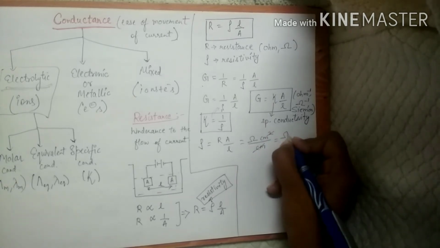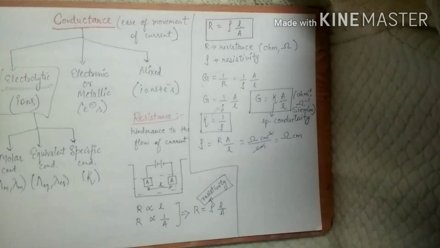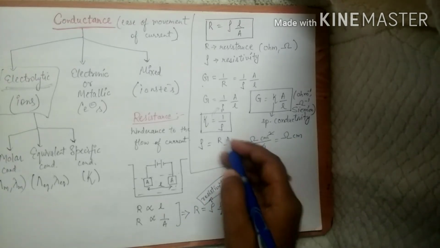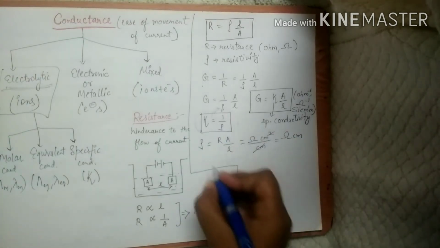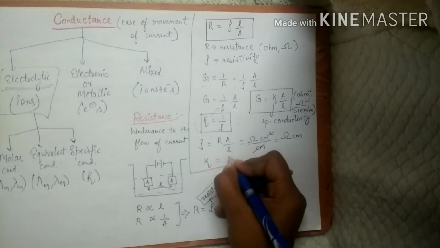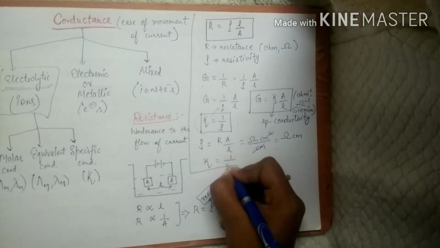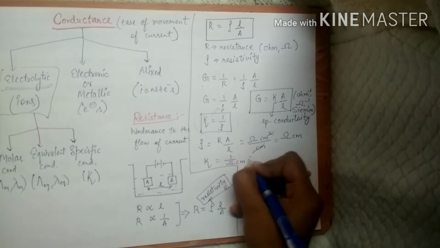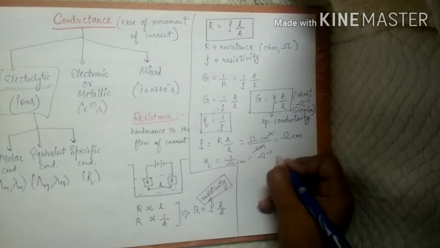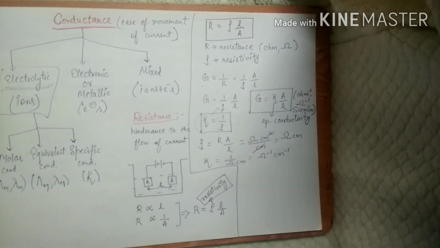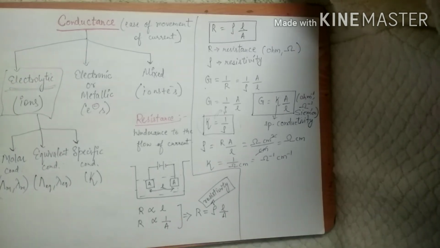So ohm centimeter will be the unit of rho. Similarly, the unit of kappa will be 1 upon ohm centimeter, that is ohm inverse centimeter inverse. So this is going to be the unit of your kappa, right?